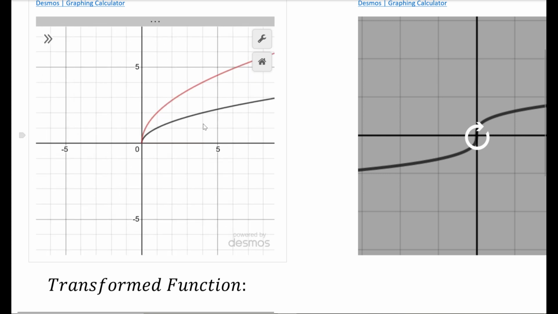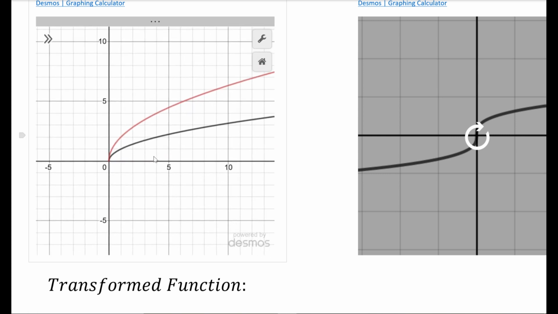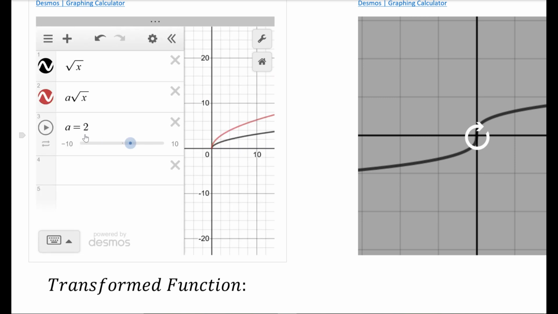The graph actually grows quite a bit, so it goes up. The shape of the graph is the same, in the same direction, but we call this vertically stretched because it's stretched up, almost like a rubber band. It was vertically stretched by a factor of 2.